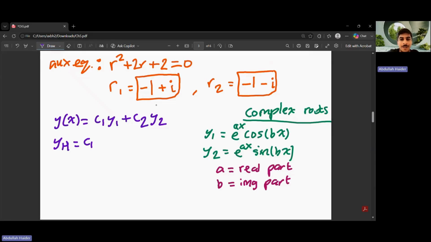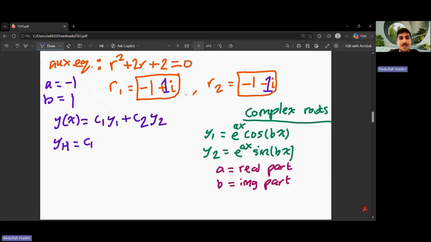Now here, what is a and what is b? A is the real part, which is -1, and b will be the imaginary part. Now for the imaginary part, you don't look at the signs. This is 1i, and this is -1i. You only take the positive number from this. So you take 1.